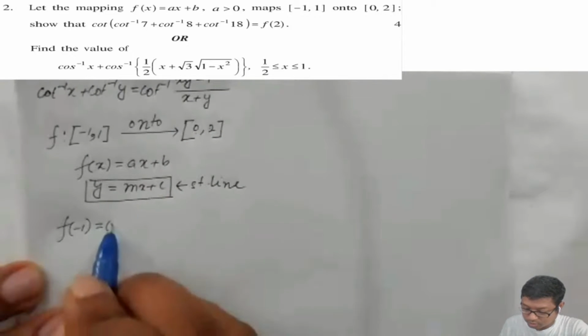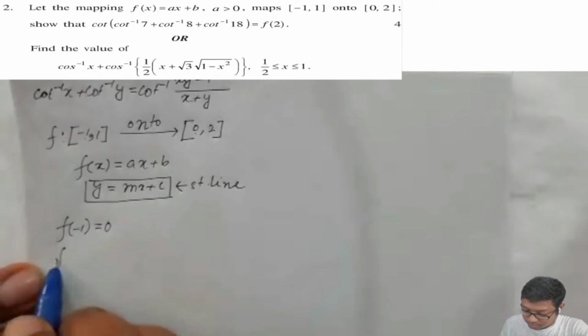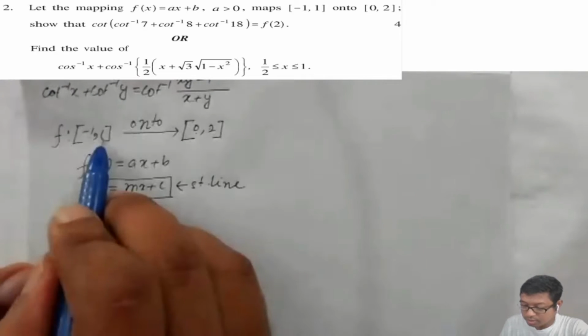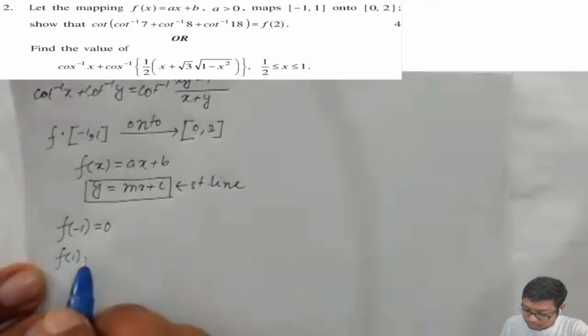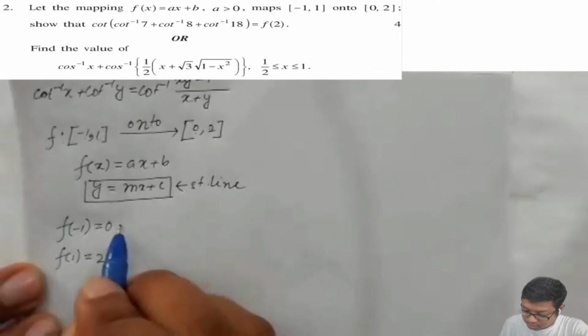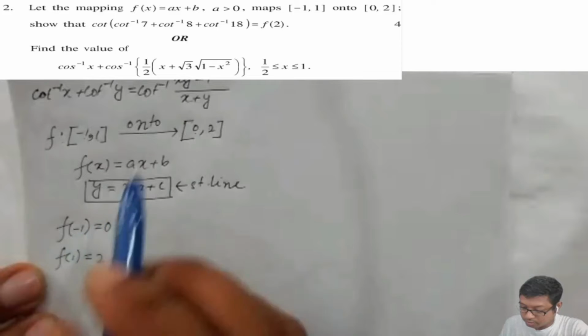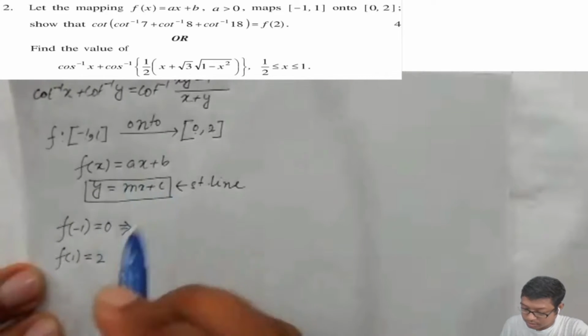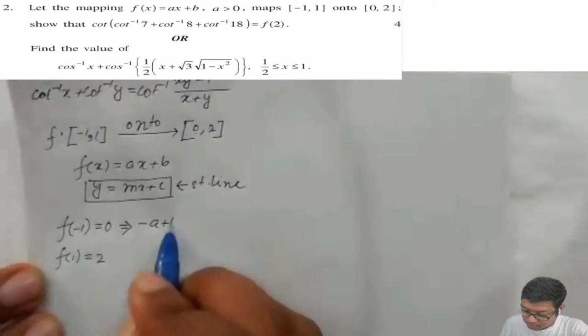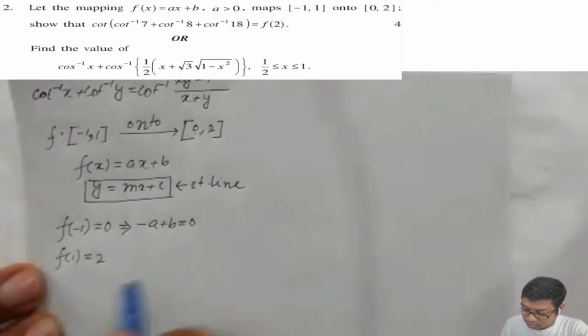So -1 maps to 0, and the extreme point 1 must map to the extreme point 2 of the codomain. This implies f(-1), if I put -1 here, will be -a + b, and this is equal to 0.